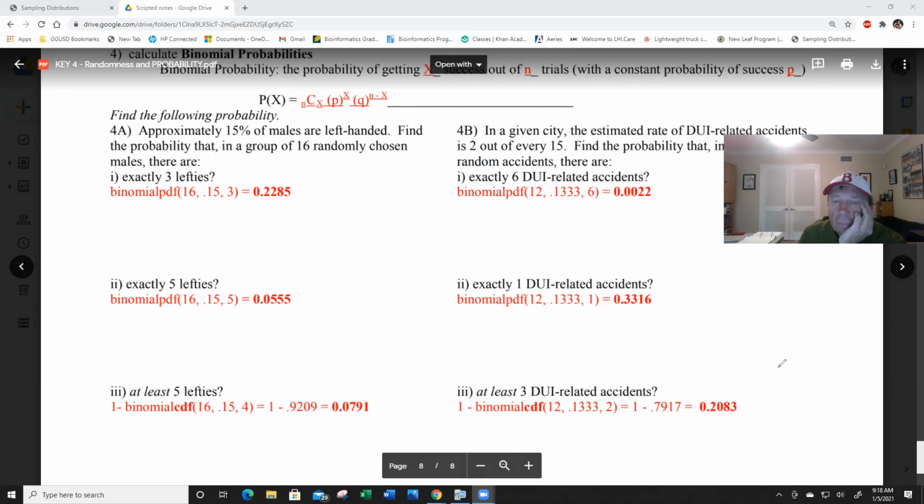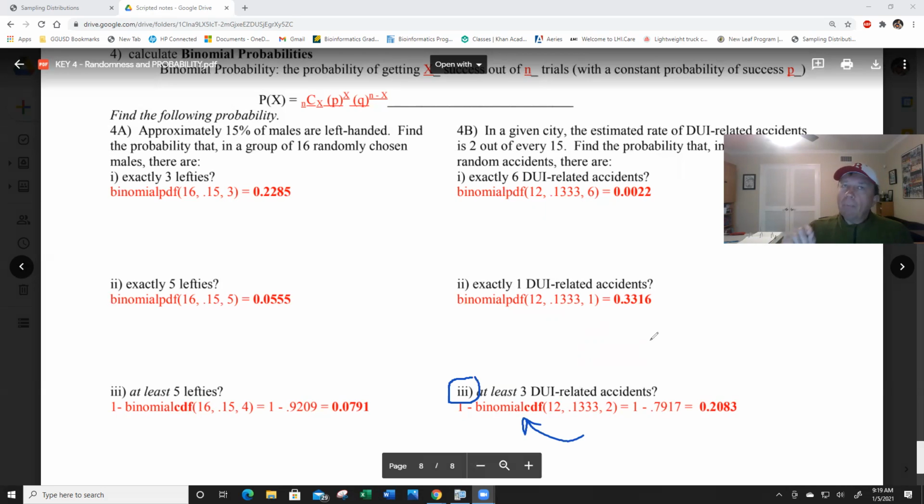Next one, at least 3 DUI accidents. That's 3 or 4 or 5 or 6 or 7 or 8 or 9 or 10 or 11 or 12. That's a lot to add up. But there's a button on the calculator. Remember, it only does or less. CDF stands for Cumulative Distribution Function.